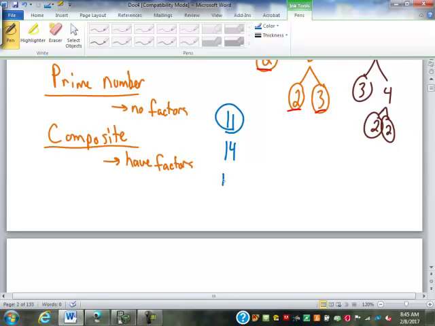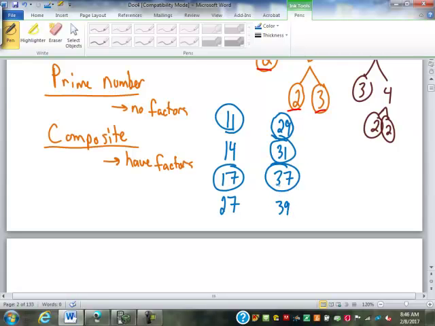Composite. 17, prime. 27, composite. 29, prime. 31 is prime. Nothing divides into 31. 37, nothing, so it is prime.